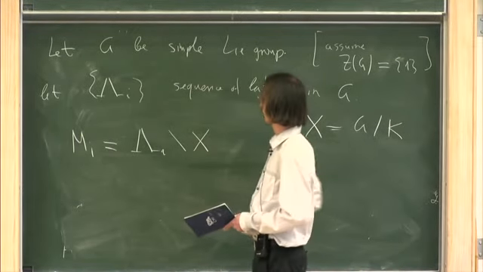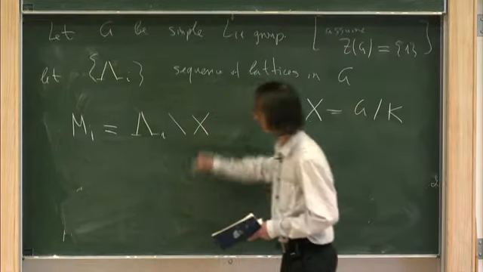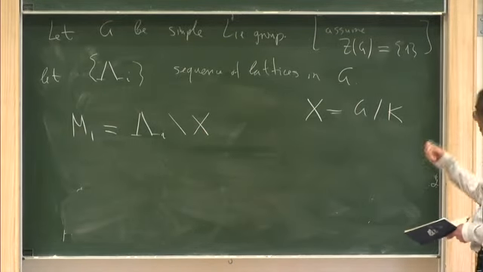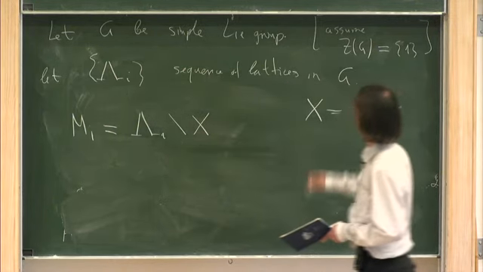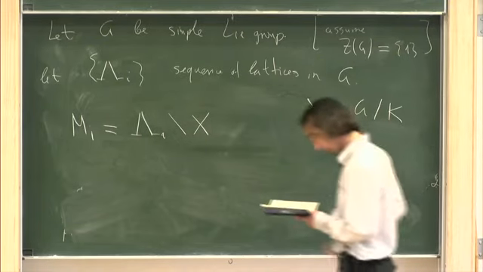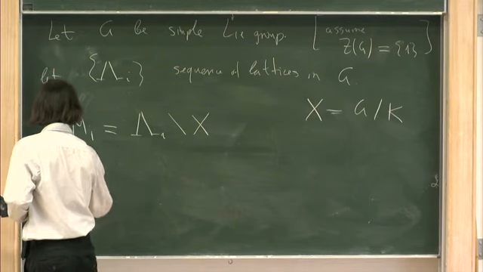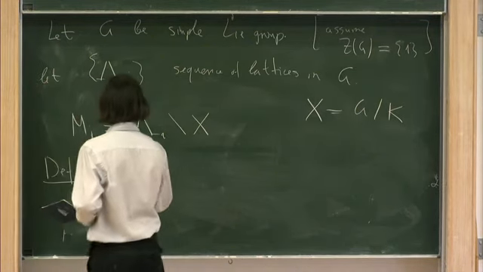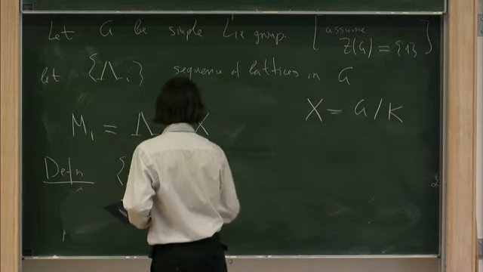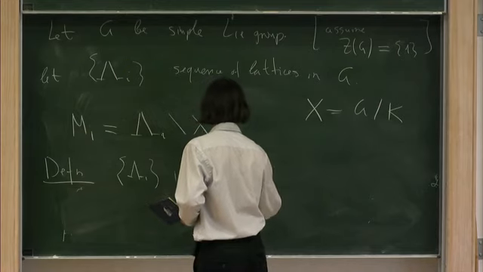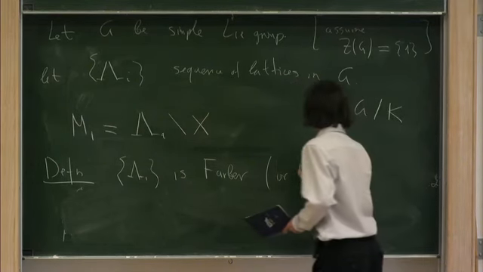This is an orbifold, but it's also a space with finite volume, because this is a sequence of lattices. And I want to say, in the definition, that the sequence gamma_i is Farber, or if you prefer, you can say it's a Benjamini-Schramm sequence.